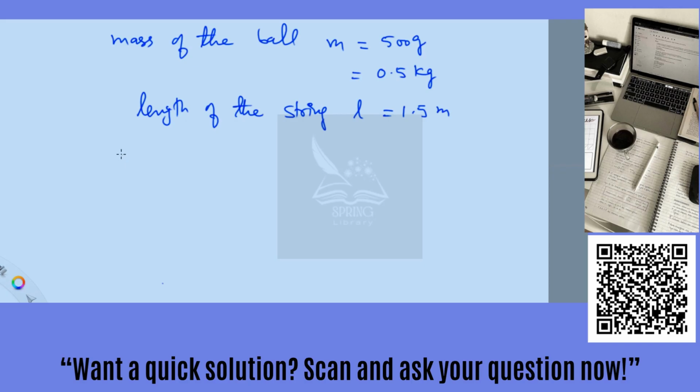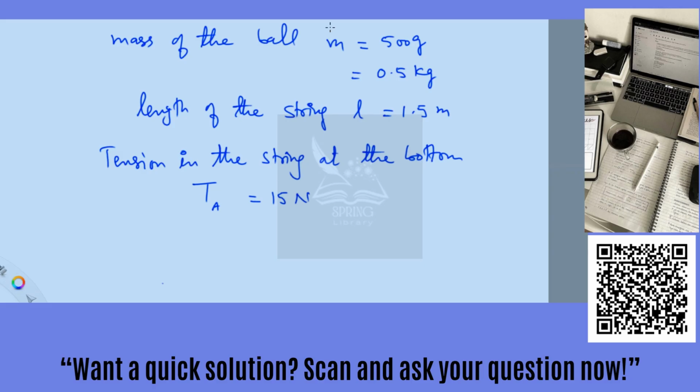It is given that the tension in the string at the bottom of the vertical circular track is given as TA is equal to 15 Newton.